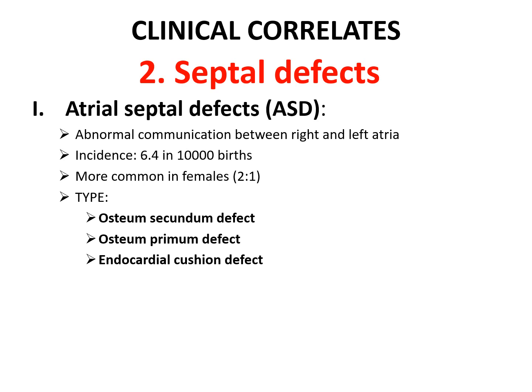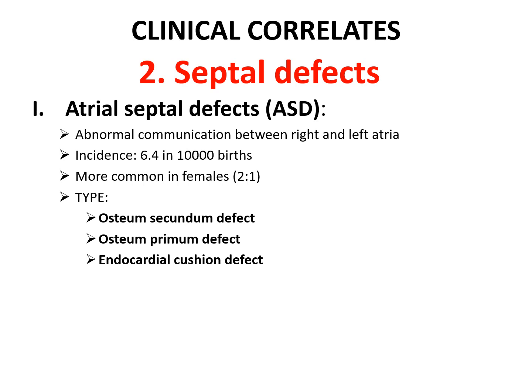So first of all is atrial septal defect. There is an abnormal communication between the right and the left atria, which normally is not seen in adults, though it is there in the form of the foramen ovale in the fetus. It is one of the commonest congenital anomalies, and the incidence is quite high, 6.4 in 10,000 births, and it is more common in females.